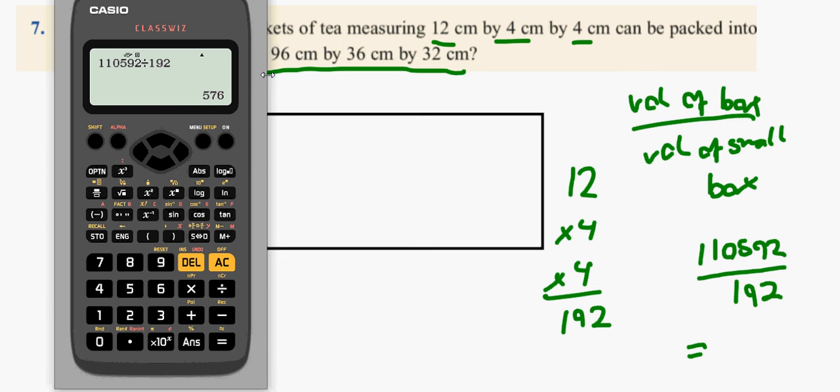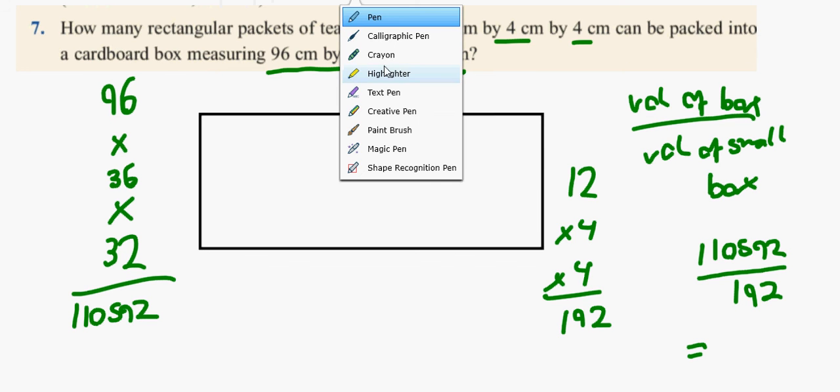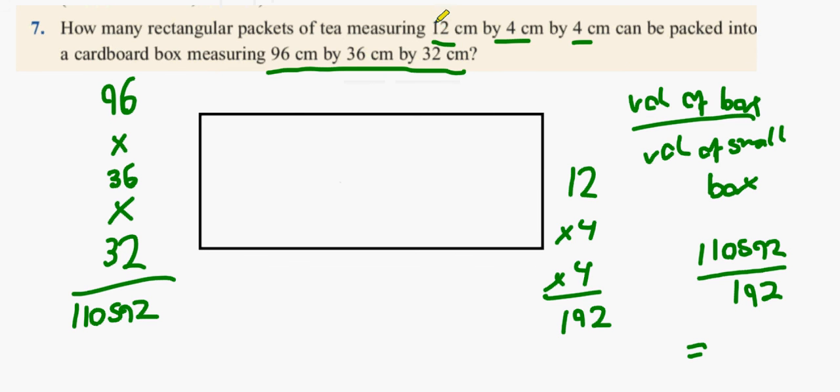Now here's the way I do them sometimes. Here's a cool way of doing it as well. This 12, what will 12 divide into on the other side? Yeah, we can do the 96 or the 36, whichever one you want. What will 4 divide into? 36, and the other 4 will divide into 32.